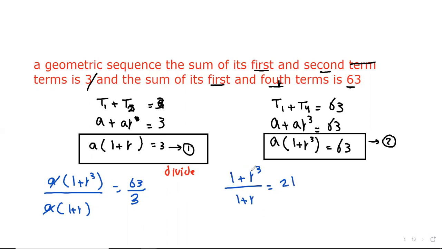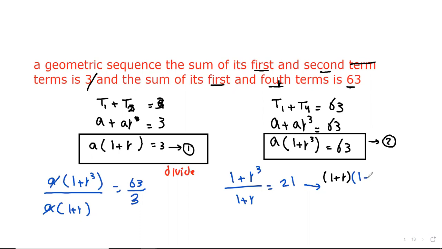Then we can factorize 1 plus R to the power of 3. It's a sum of 2 cubes, as I explained in the previous examples. So here we'll take the cubic root of the first and the cubic root of the second, and here square the first: 1 to the power of 2 is 1.